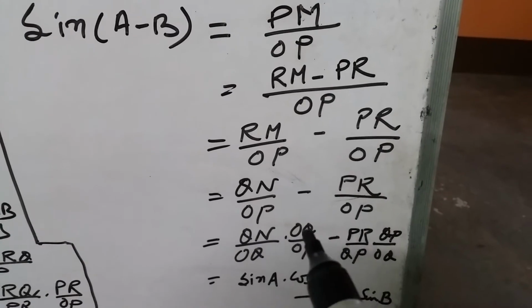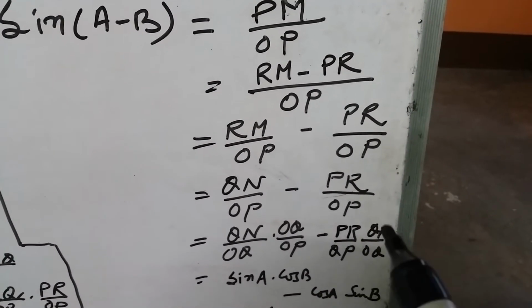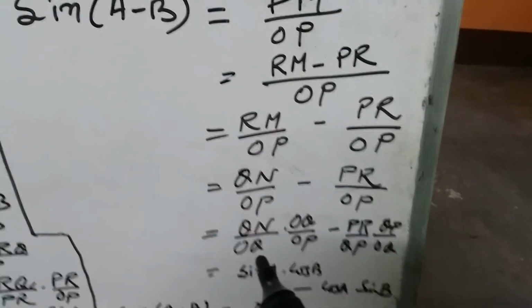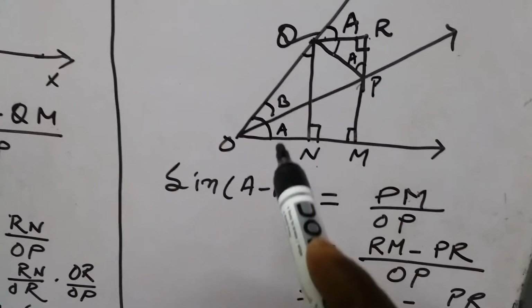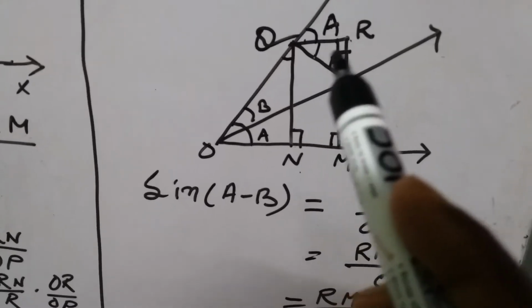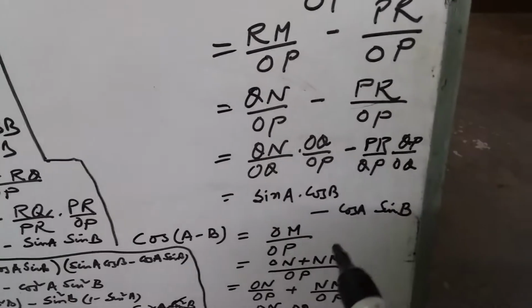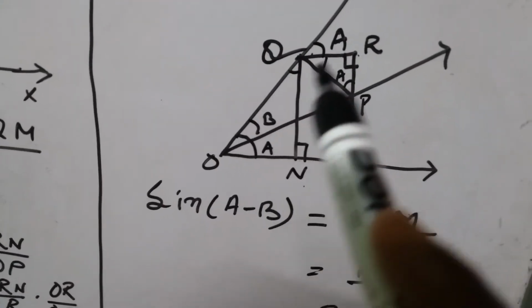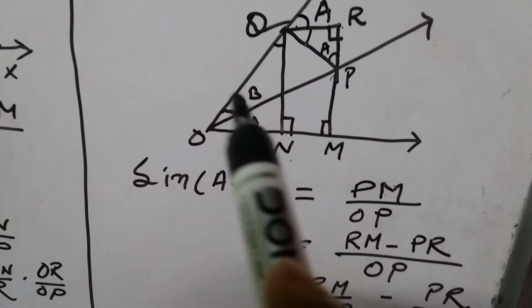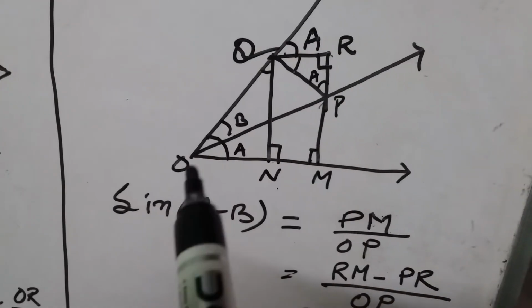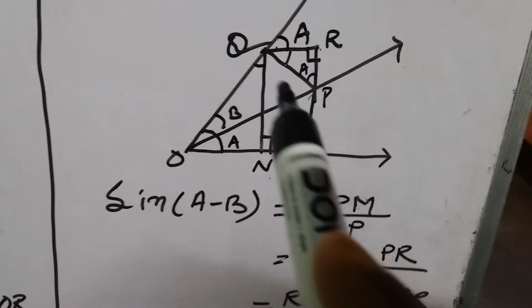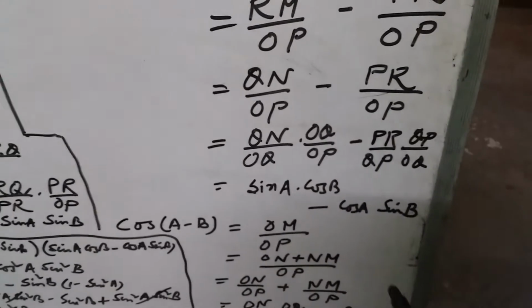So QN by OQ, OQ by OP, PR by QP, QP by OP. So QN by OQ, that is perpendicular by hypotenuse, so sin A, and QP by OP.